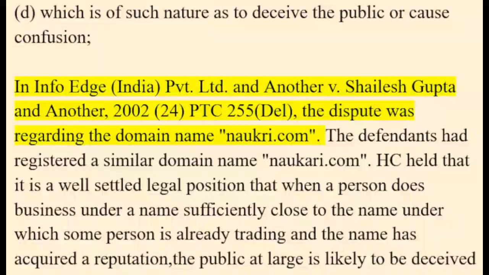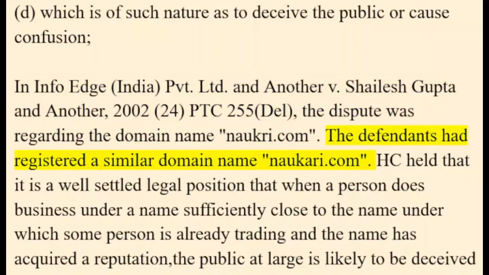In Info Edge (India) Private Limited and another versus Shailesh Gupta and another, 2002, 24 PTC 255 (Del), the dispute was regarding the domain name Naukri.com. The defendants had registered a similar domain name, Naukri.com.